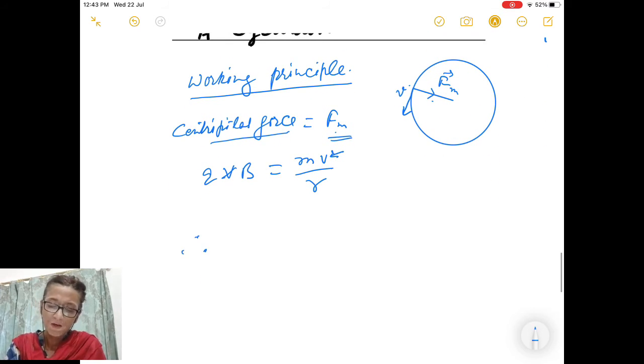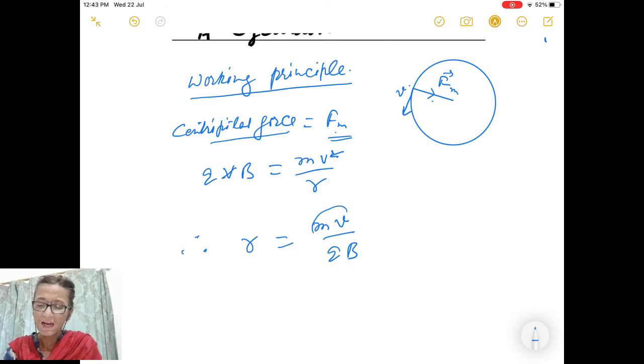So therefore r is equal to mv upon qB. Larger the momentum, larger the velocity, larger will be the radius.